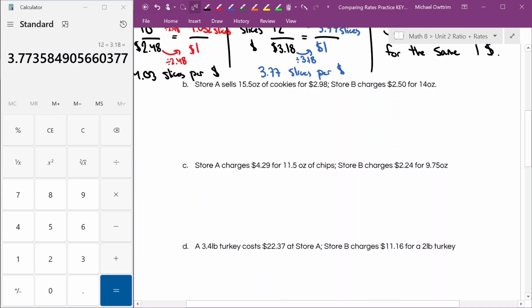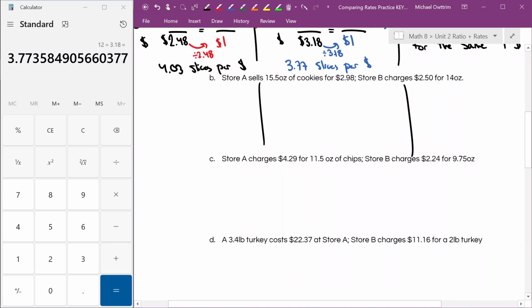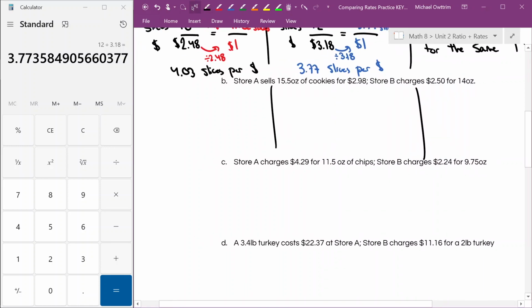Let's take a look at question B. We can do the same type of idea with store A, store B, and our explanation. So let's go ahead and do our dollars and our cookies. Store A tells us that we spend $2.98 for 15.5 ounces.